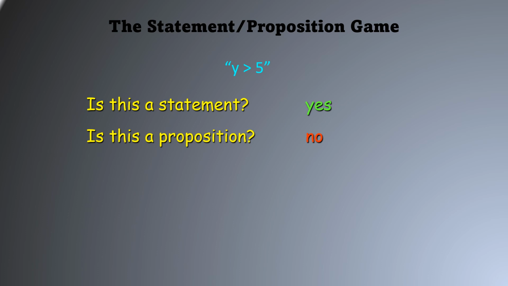Since there is no given value of the variable y here, we cannot assume that y is less than 5 or that y is greater than 5. So this statement can be true and false at the same time. It depends on the value that we put for that variable y.